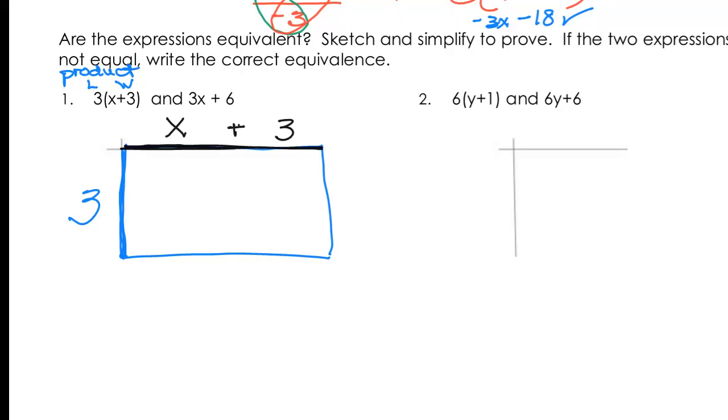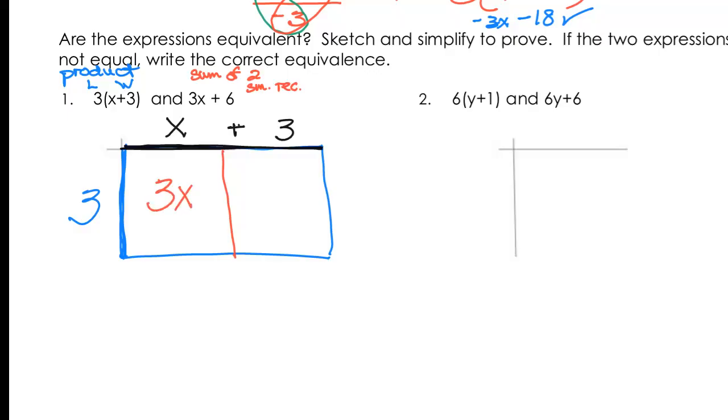Now, this over here, this is a sum of our two smaller rectangles. Okay? So I'm going to put this in here to separate them. And now that I know I have a width of 3 and a length for that smaller rectangle of x, what is the area of that first rectangle?